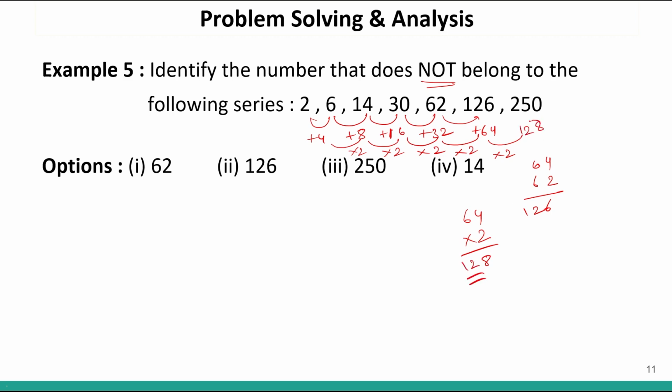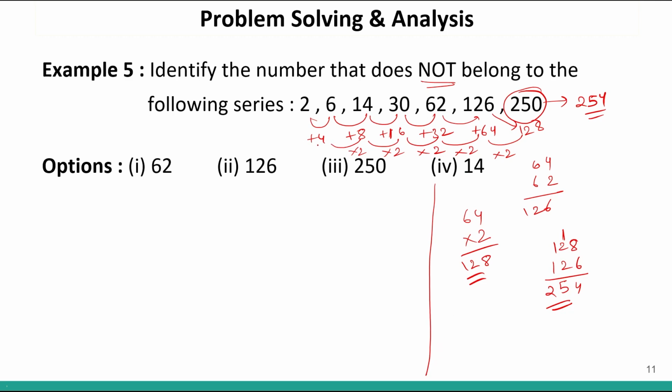So 128, we have to add 126. 8 plus 6 is 14. 2 plus 2 is 4 plus 1, 5, and this will be 254. So this is the number which is incorrect, because in place of this, we should have 254 as the correct answer. Now this was one way to solve this.